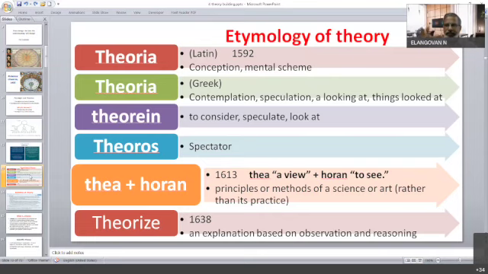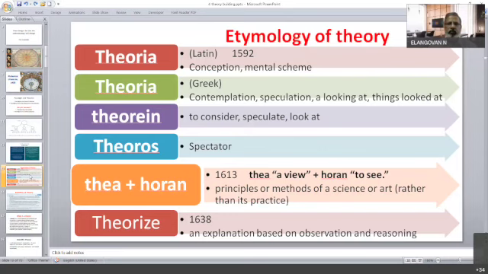So any idea or mental scheme is called a theoria. In Greek, theoria means contemplation, speculation, and looking at, or things looked at. So it means an observation of how we look at something.